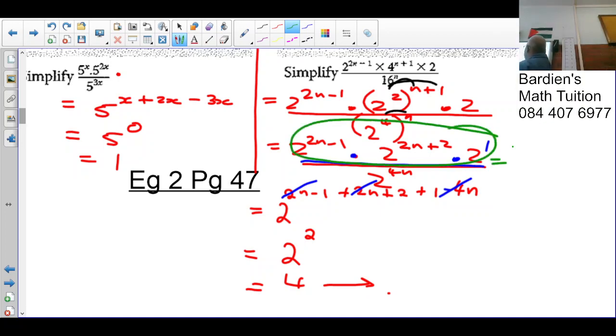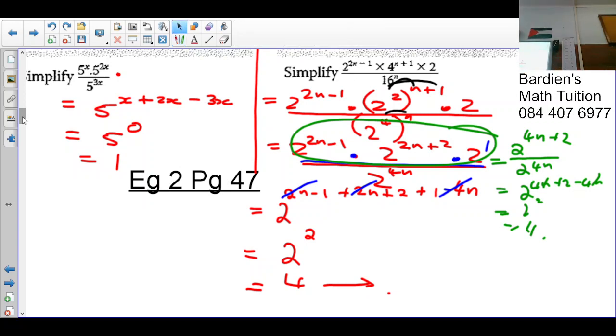So it's going to be 2, then you write 2n plus and all of that, so that's going to give you 4n plus 2 over 2 to the 4n, which is now 2 to the 4n plus 2 minus 4n, which is 2 squared, which is 4. You see, as long as you're applying the mathematical rules correctly, you should get the answer. Understand? Anybody else that wants to make us confused?